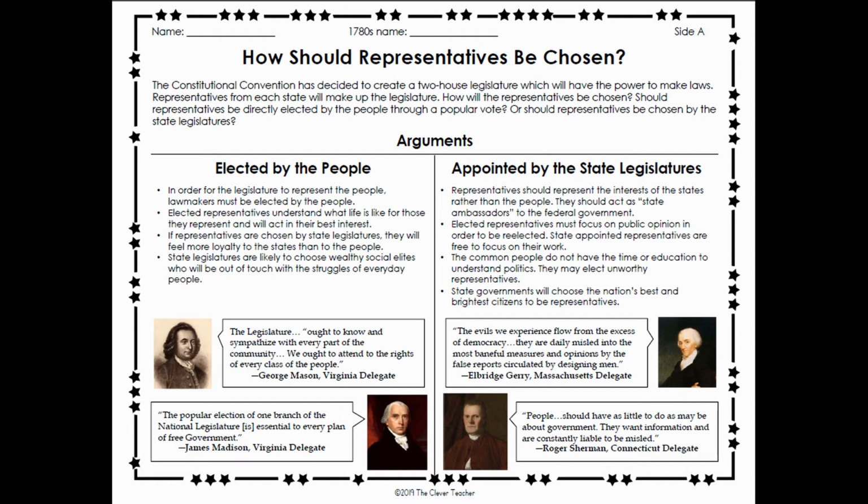State legislatures are likely to choose wealthy social elites who will be out of touch with the struggles of everyday people. George Mason, a Virginia delegate, says, "The legislature ought to know and sympathize with every part of the community. We ought to attend to the rights of every class of people." James Madison, a Virginia delegate, says, "The popular election of one branch of the national legislature is essential to every plan of free government."